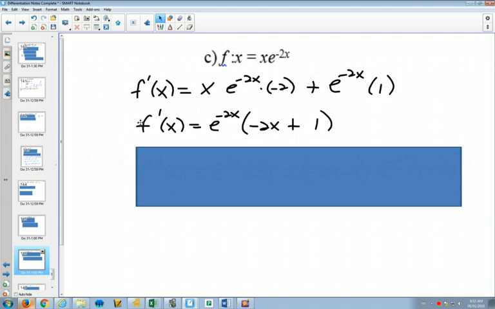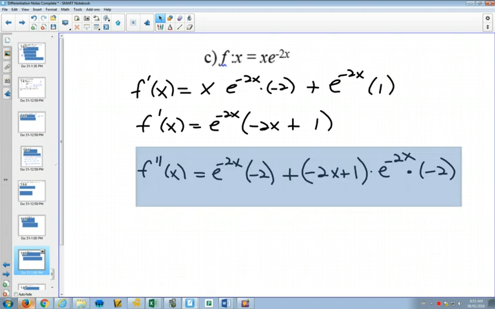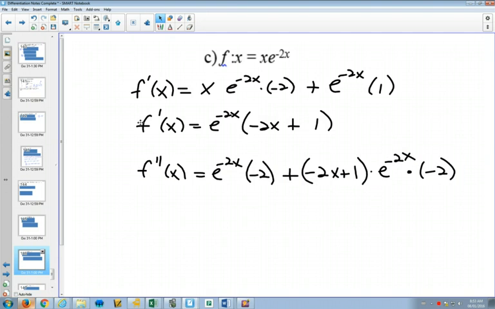Just looking at it and saying, oh, if I factor it, I still have a product rule. But you would still have the product rule if you didn't factor it, because you'd have a product rule in the first set, but the second one wouldn't. Either way, when you take your second derivative, you will get this.